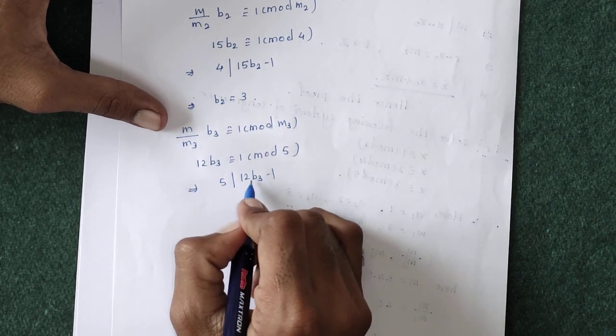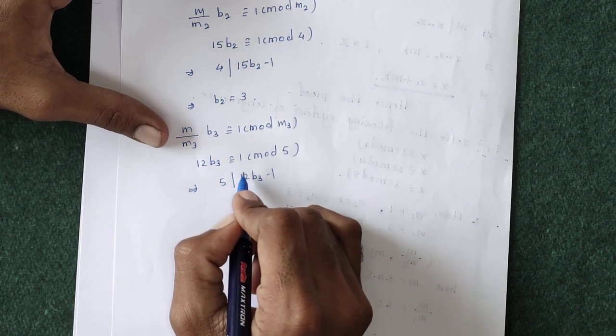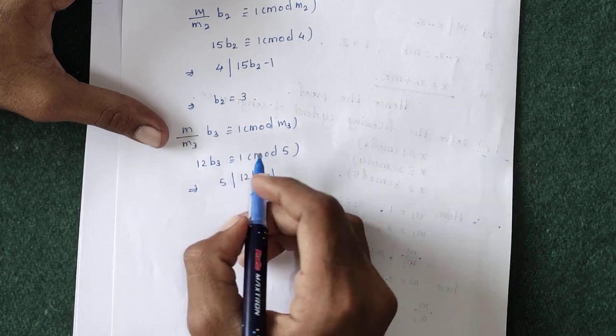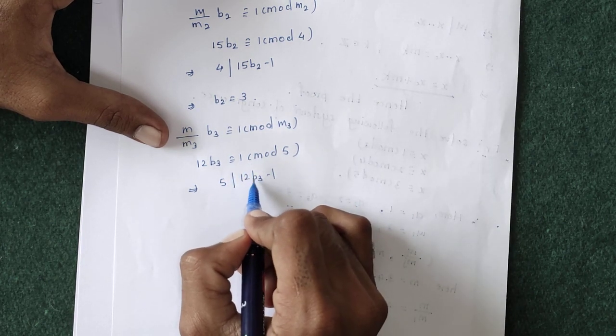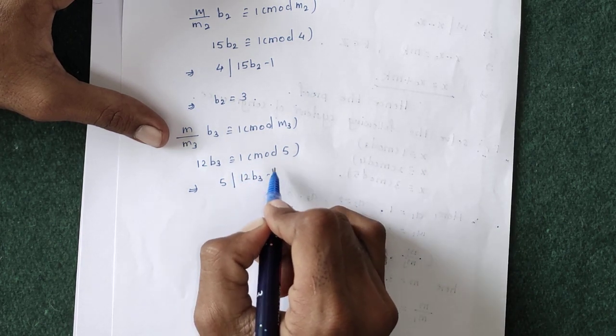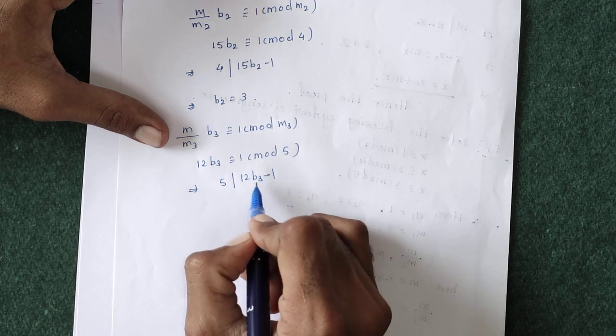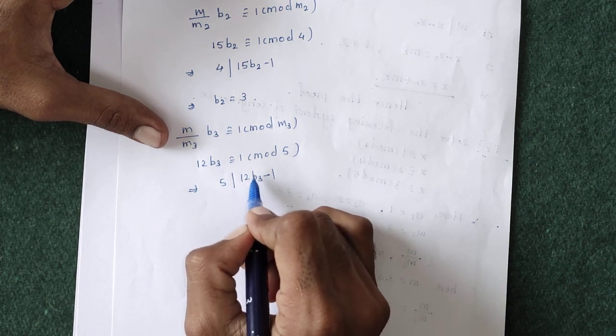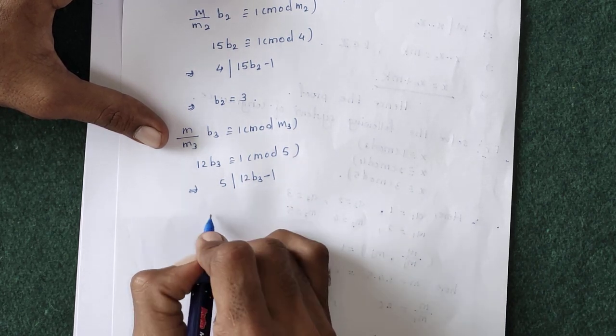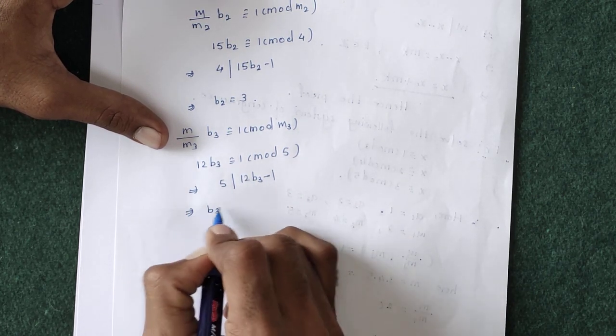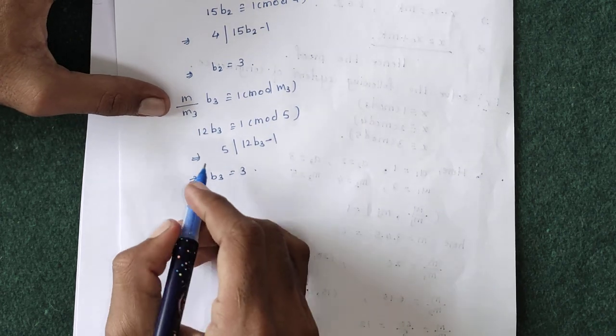If we put b3 equal to 1, then 12 minus 1 is 11, and 5 doesn't divide 11. b3 equal to 2 gives 12 2s are 24, minus 1 is 23, and 5 doesn't divide 23. If we put b3 equal to 3, then 12 3s are 36, minus 1 is 35, and 5 divides 35. So b3 is equal to 3.